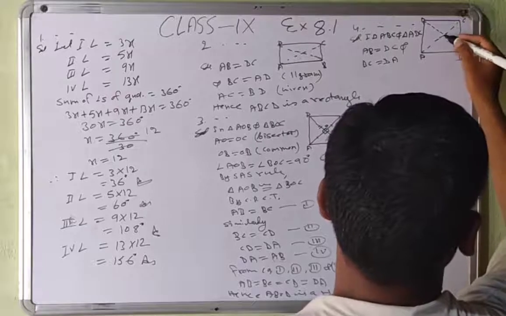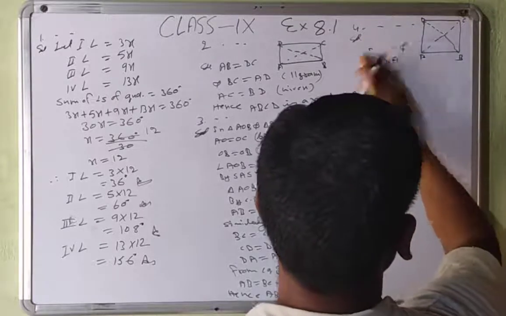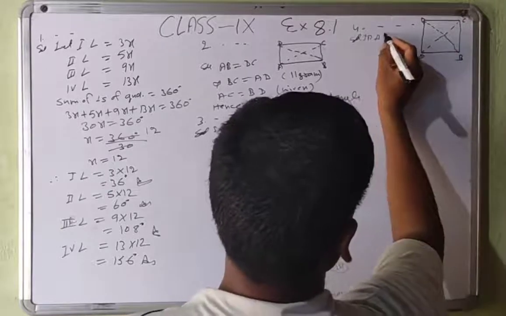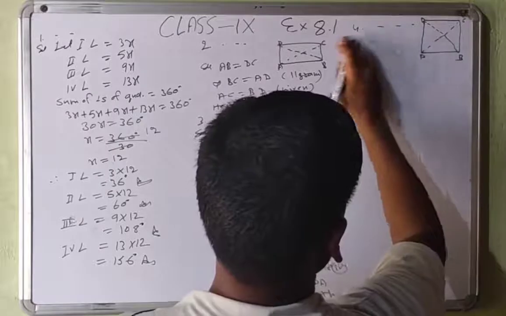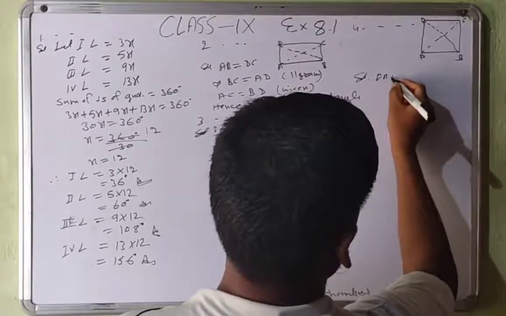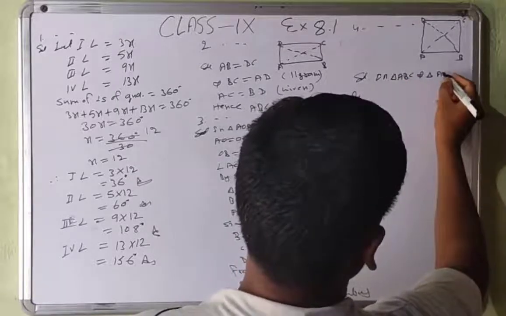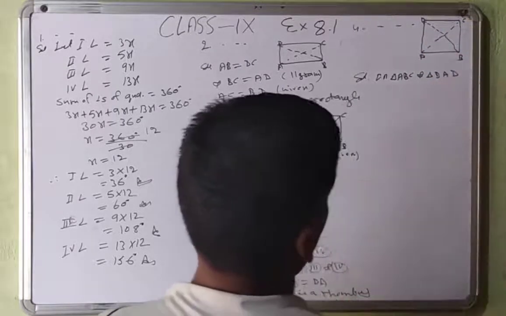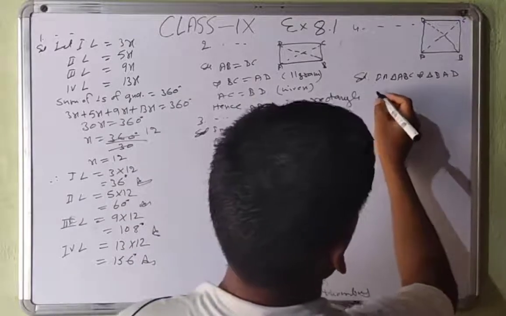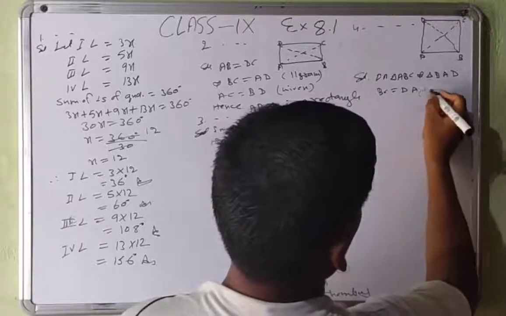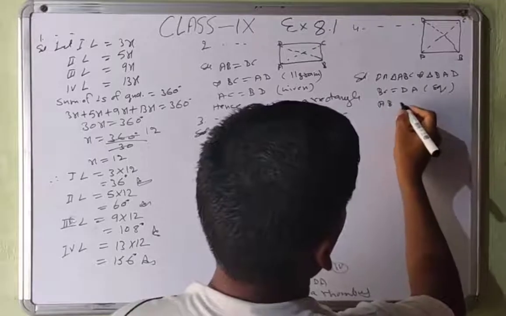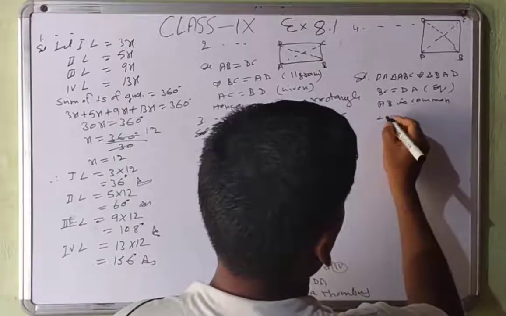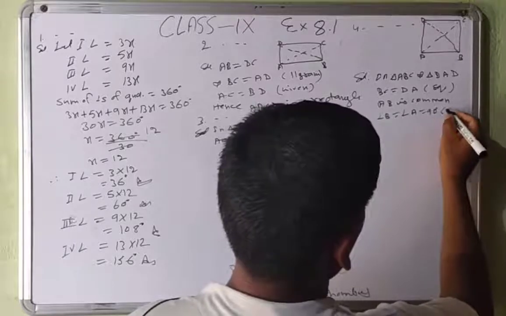So we will take these two, in triangle ABC and triangle BAD: BC is equal to DA by square, AB is common, and angle B is equal to angle A is equal to 90 degrees by square.